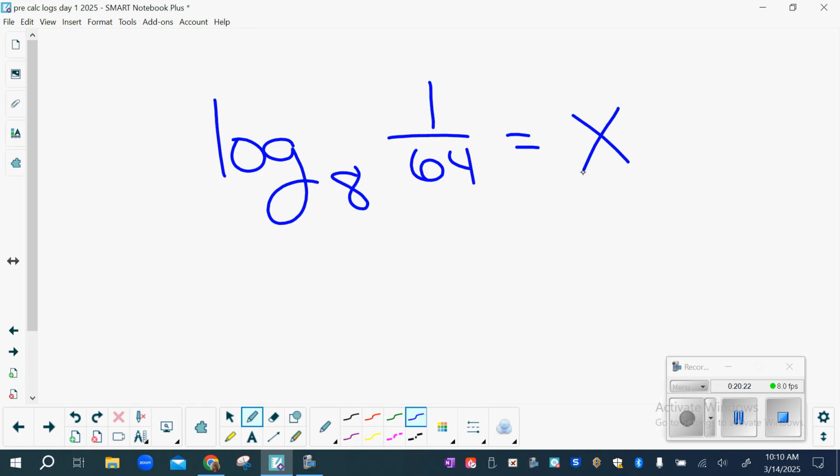Then move it up to the top. 8 to the x. Did you get negative 2? Yeah. We're done.